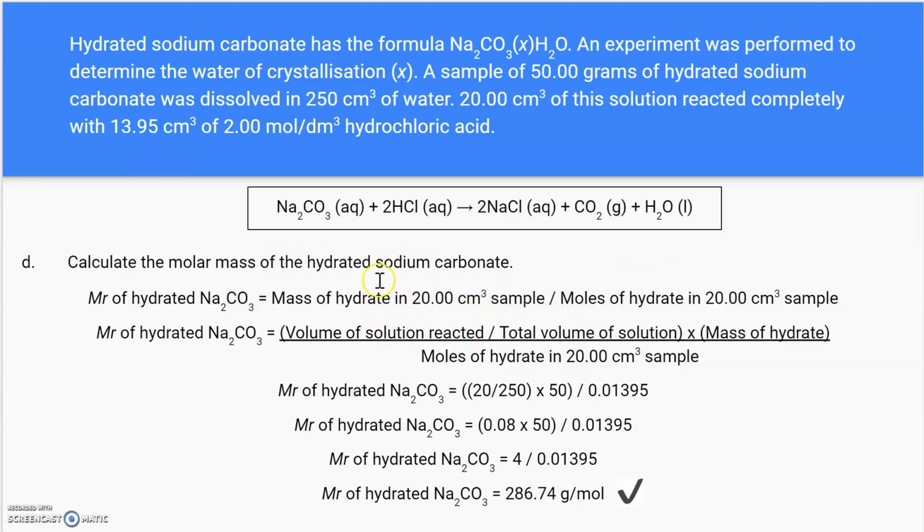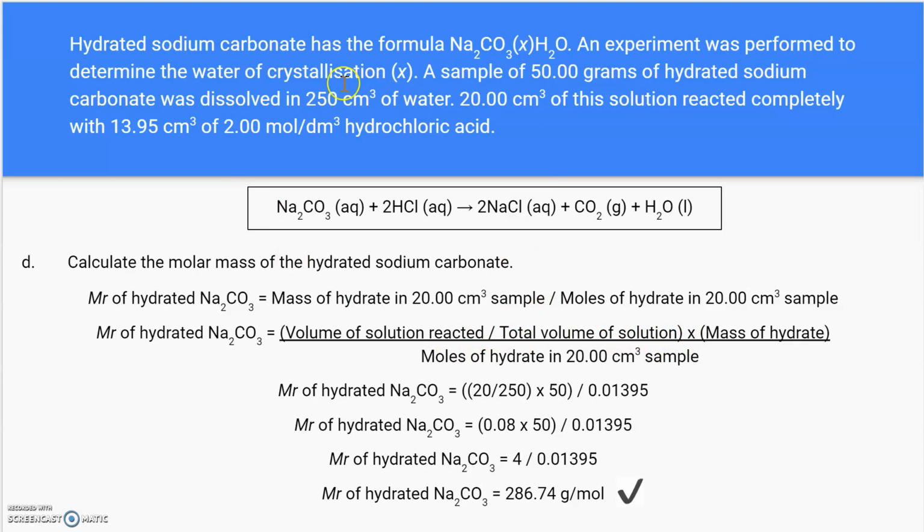We need to use some different equations to take into consideration both the water and the mass of the hydrate that is added, in order to have a valuable mass of that hydrate within the sample that it was diluted in. So, to have that mass that takes into consideration all aspects, we're going to first divide the volume of the solution that reacted, which was 20 centimeters cubed, by the total volume of the solution.